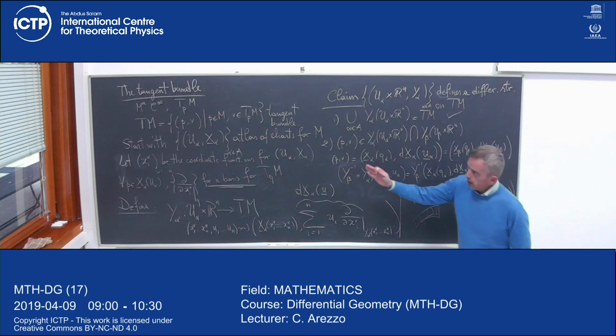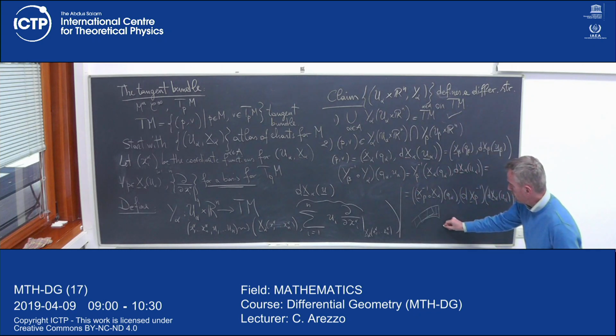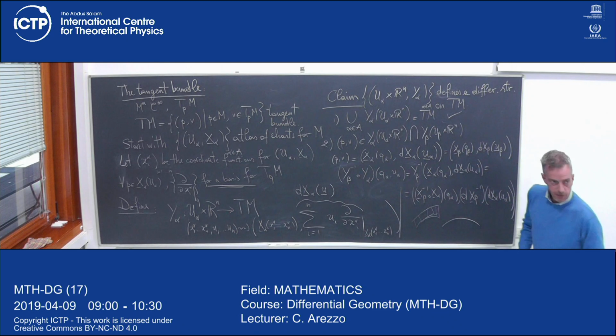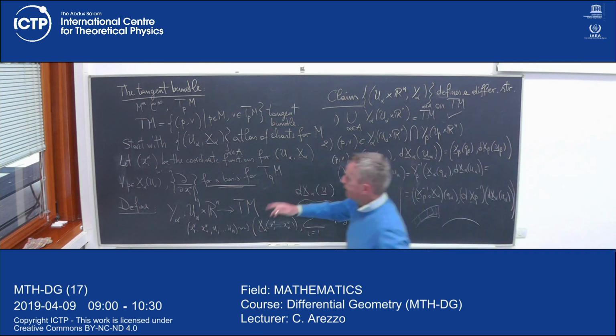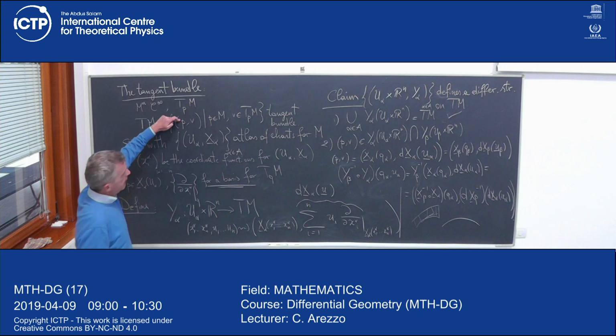Now, I'm just telling you, suppose this is your manifold M. I suggest you think of the tangent bundle, or whatever bundle. The tangent space at the point P and the tangent space at the point Q are completely different in the abstract picture, which is the right one.